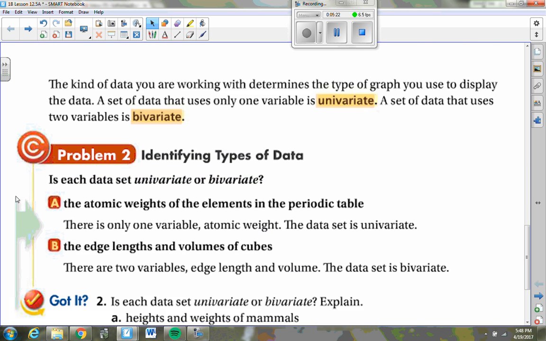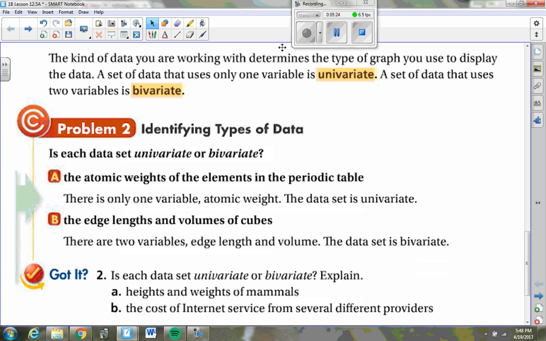There is also a distinction when we're dealing with sets of data between what's known as univariate and bivariate. Uni means one, bi means two. So these talk about how many variables a certain data set is talking about.